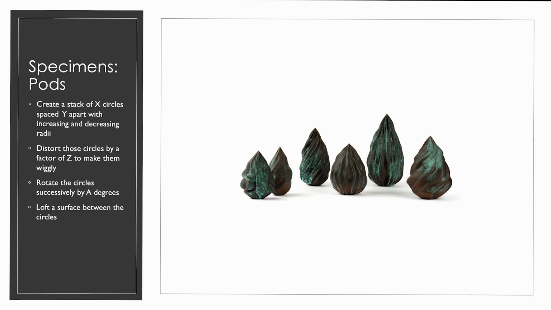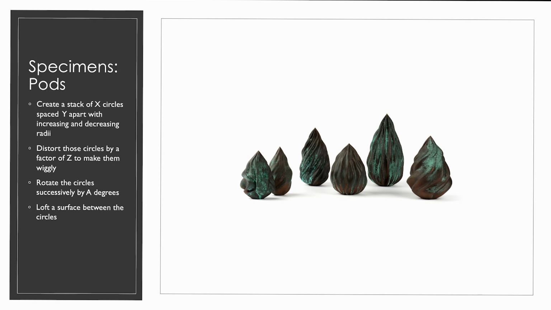So pods is the next piece I'll talk about. Quite similar process to proteins, but instead of extruding a shape along a path, I'm making a stack of circles with an even spacing between them. The circles increase and then decrease in diameter. I distort those circles by a factor to make them a bit wiggly.